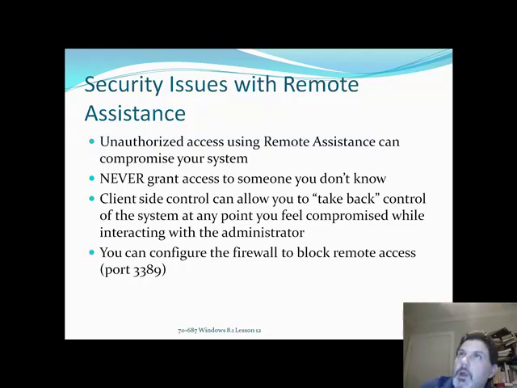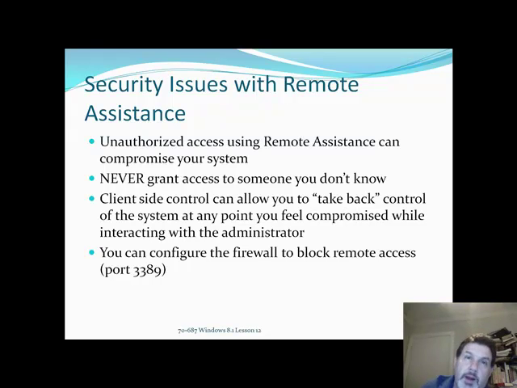So using remote assistance, remote desktop does enable port 3389 on your firewall, and that's fine. The point being is that if you're not going to be using remote assistance or remote desktop on the system, you really don't want to enable these services. These are services that people who are out probing networks, this is one of the many ports that they will try to connect to see if there is some service running on the ports.